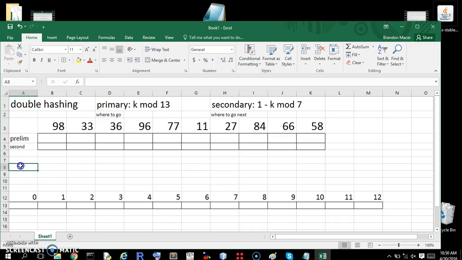So to get modulus by hand, I find I do this. I just put the multiples of, we're doing primary, so the multiples of 13. 13, 26, 39, up until it's beyond the values that we need.